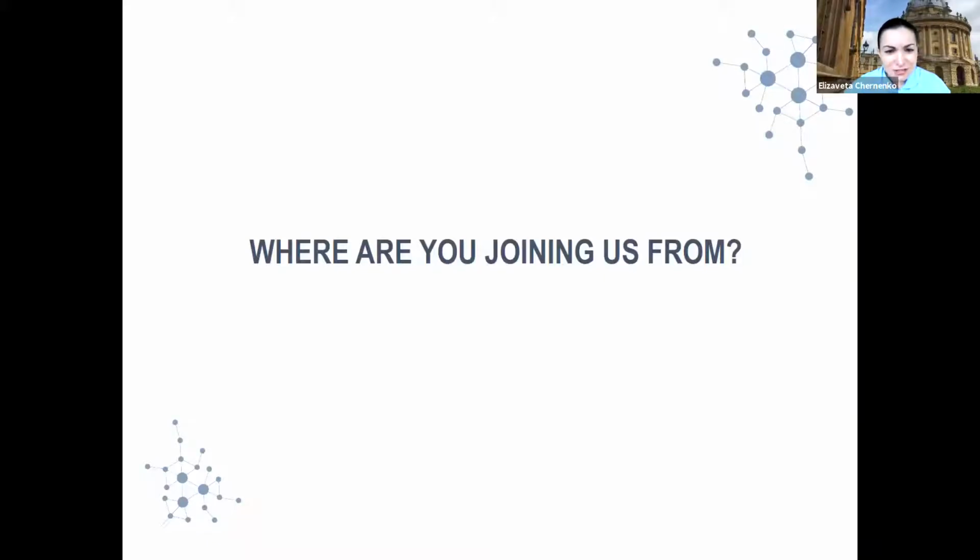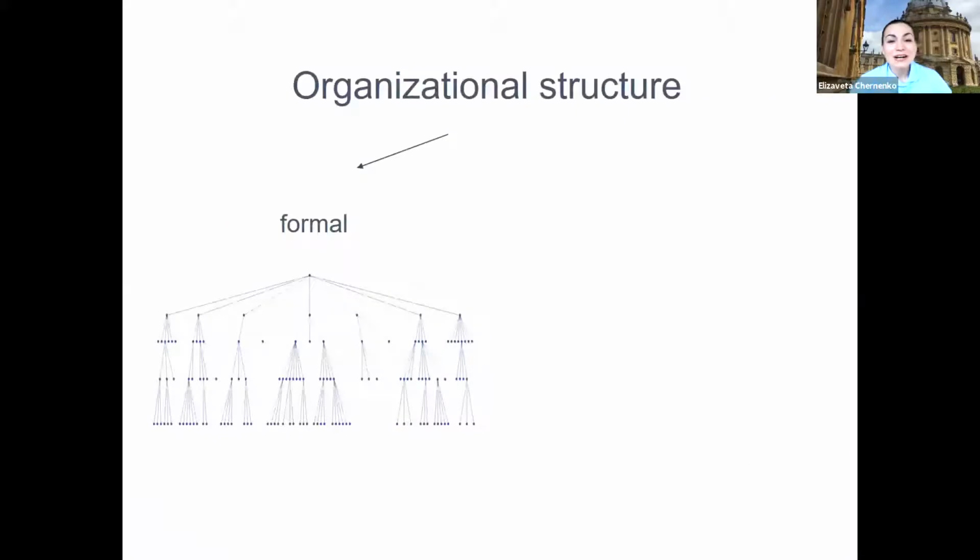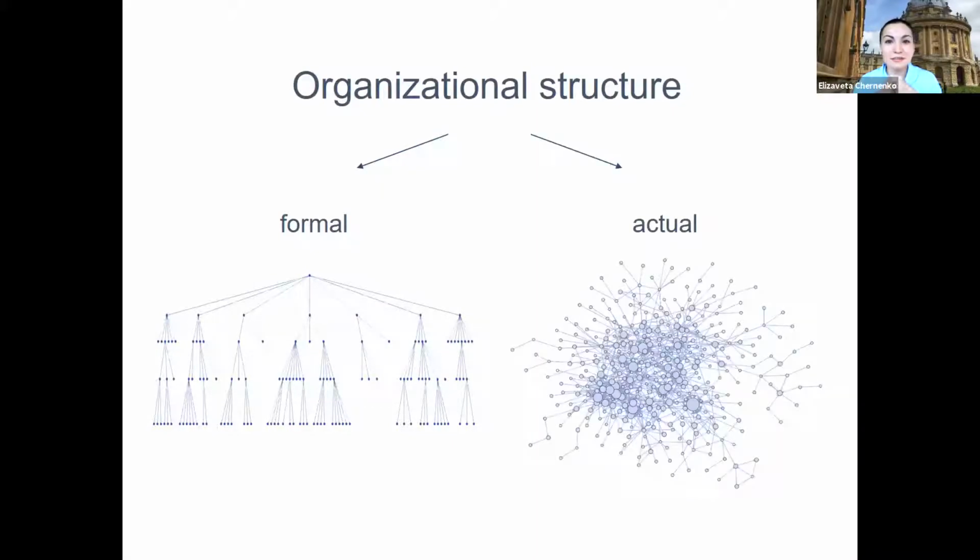So I'm going to talk about network analysis and specifically its application to organizational management. When we are asked to think about the structure of connections between employees, usually we would think about the formal organizational structure, the vertical hierarchical one. But if we think of how information actually flows, how opinions are shared and how decisions are made, usually we would observe that the structure of connections is just different.